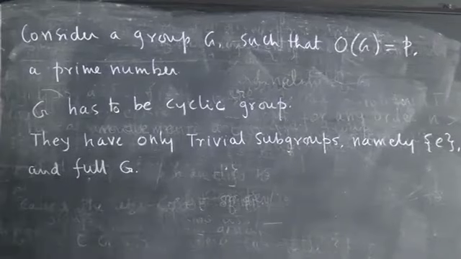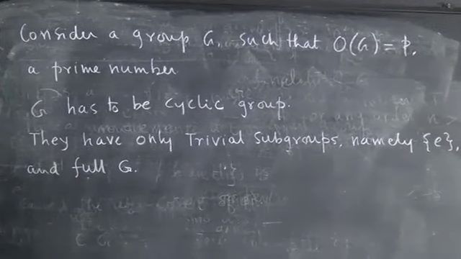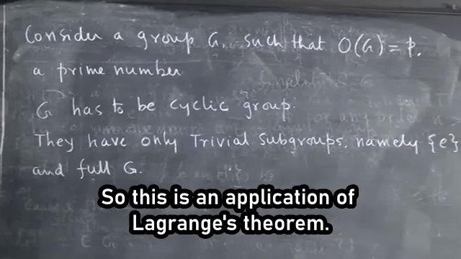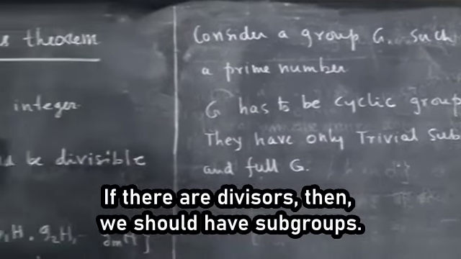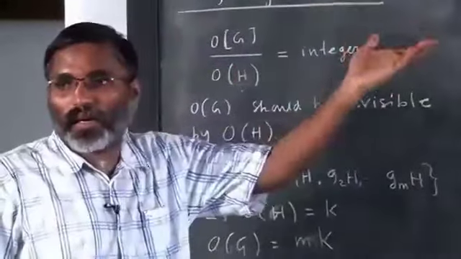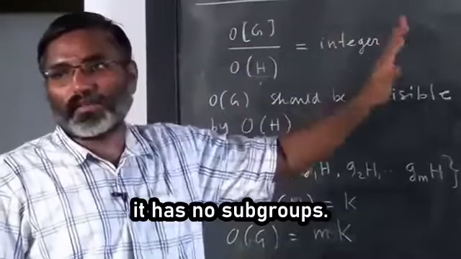So, this is an application of this theorem. You understand that, right? If there are divisors, then we should have subgroups. Since prime numbers do not have any divisors, it has no subgroups.